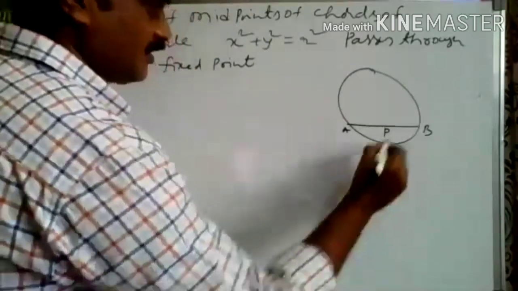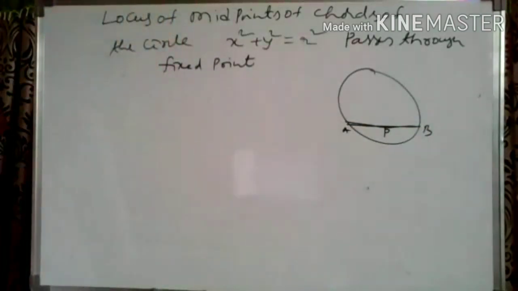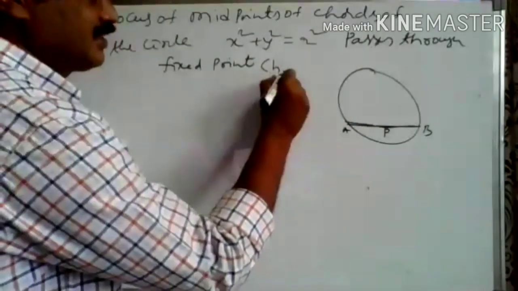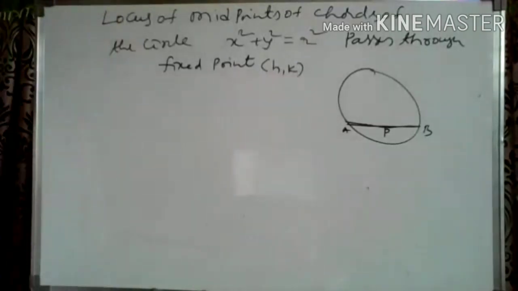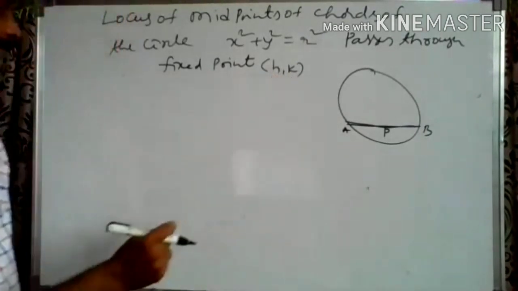This is the midpoint of the chord. So the midpoint of the chord is x1, y1, and the chord passes through a fixed point. Suppose the fixed point is h comma k.